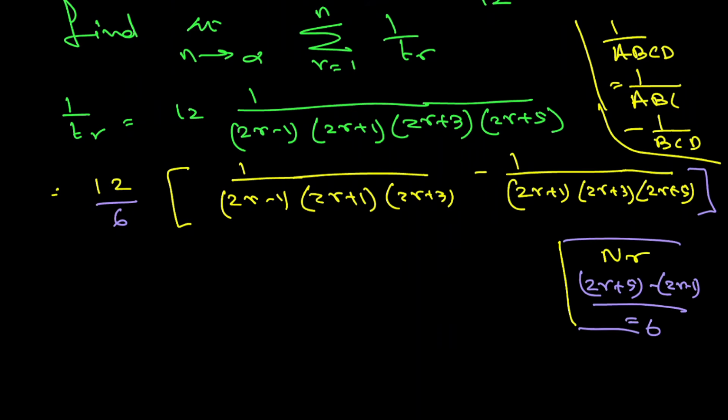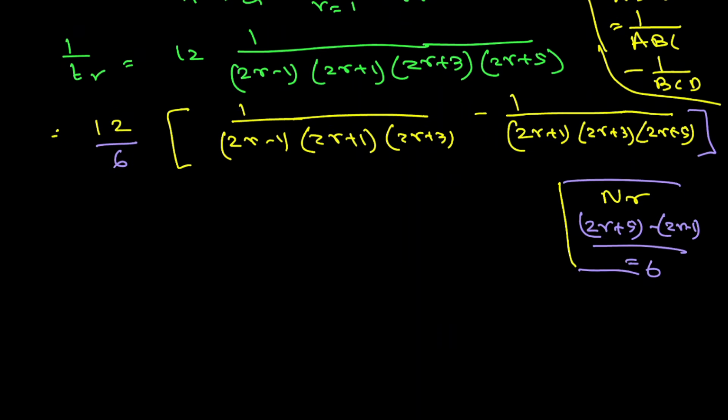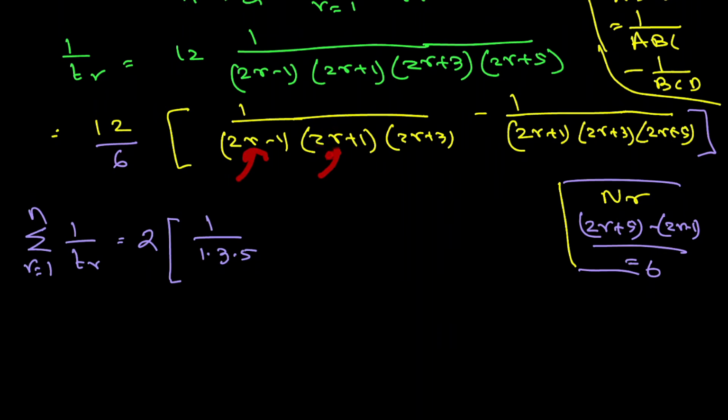Now, let's apply 1 by Tr. So, summation of 1 by Tr, r equal to 1 to n. What we are getting? We are finally getting 12 by 6 is 2. And we are getting what? 1 into 3 into 5. What is the reason? If we put r equal to 1, this is coming 1, this is coming 3, and this is coming 5.